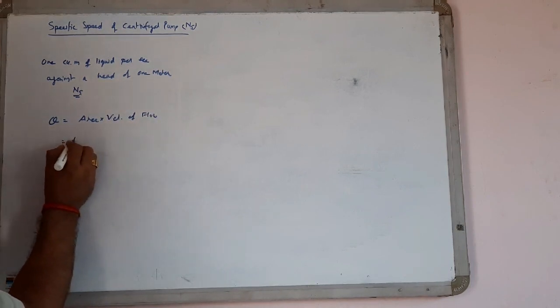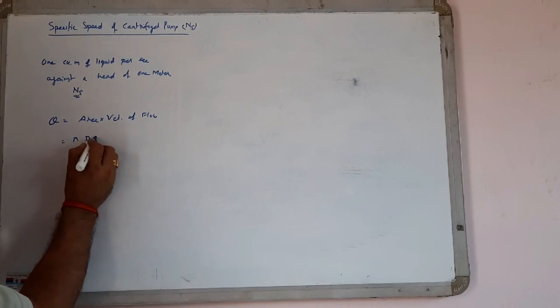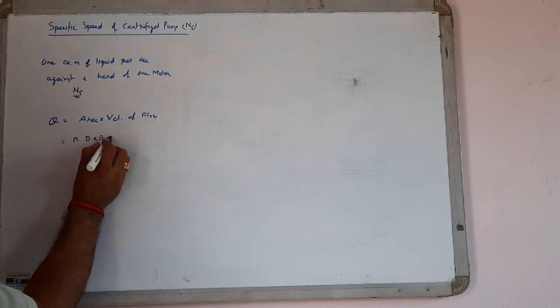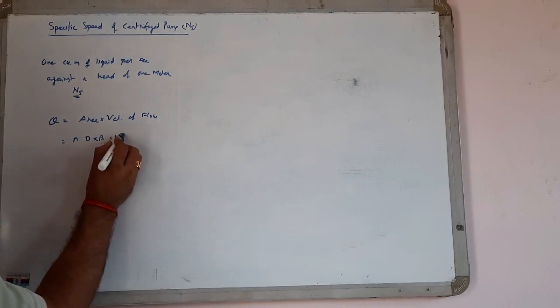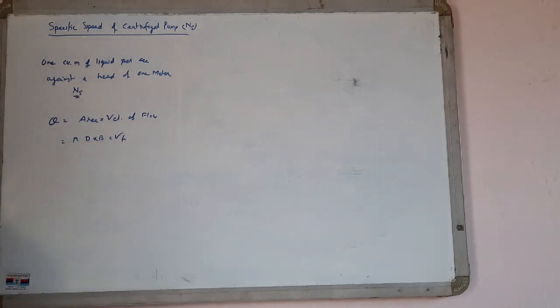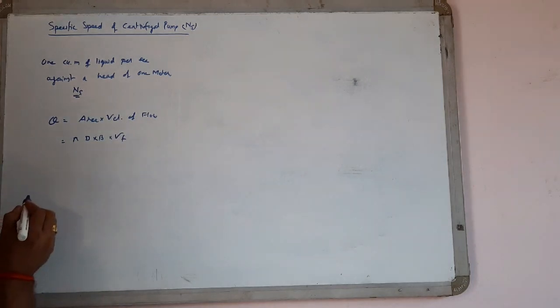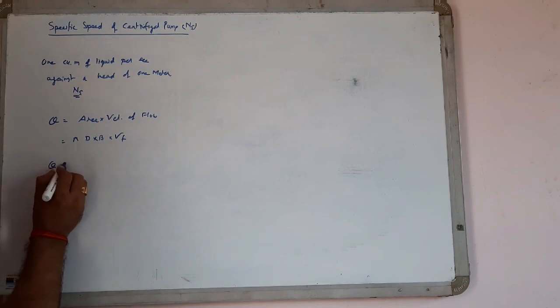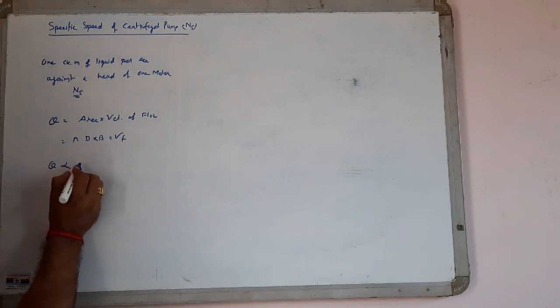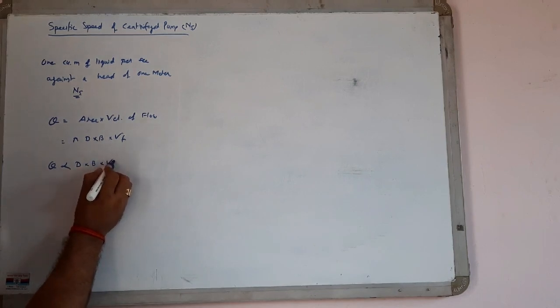So this is pi D B into Vf, or Q is proportional to D B into Vf.